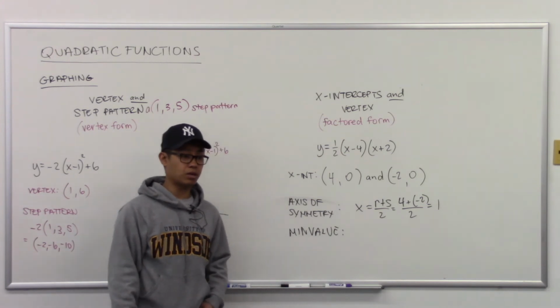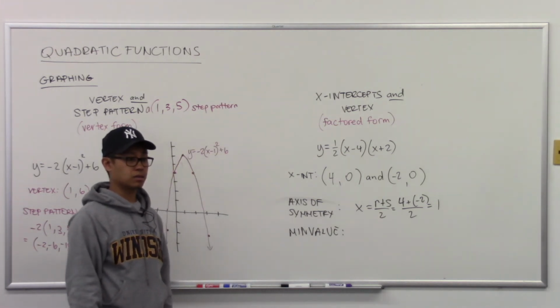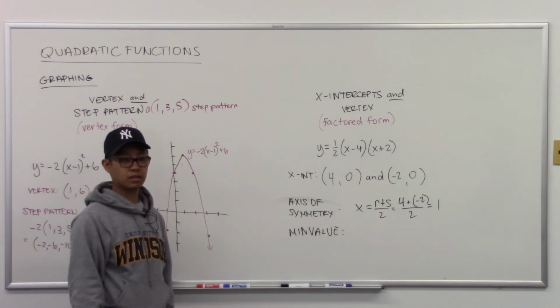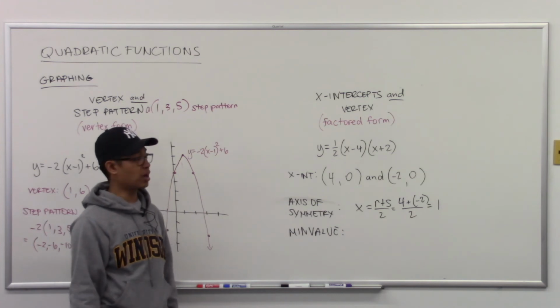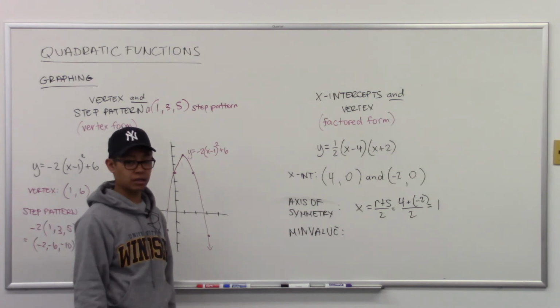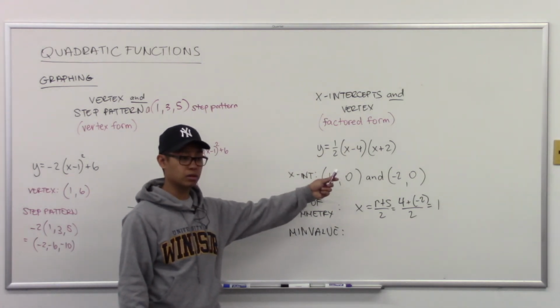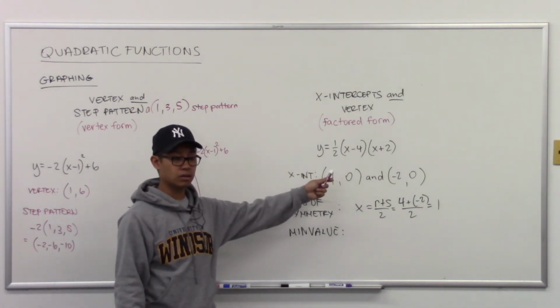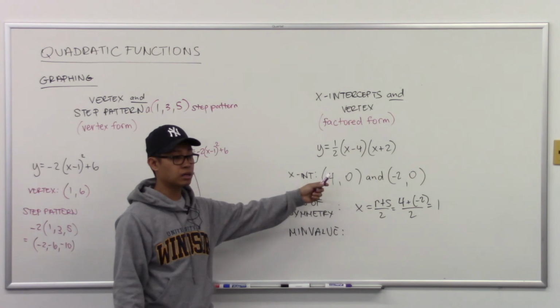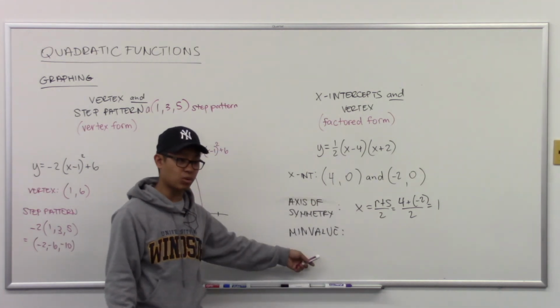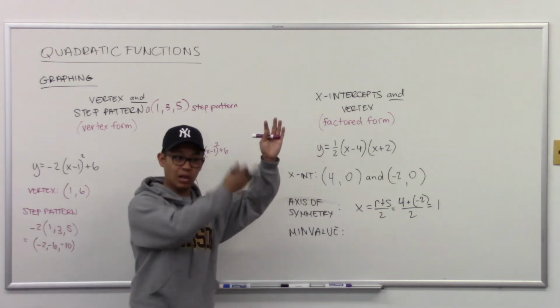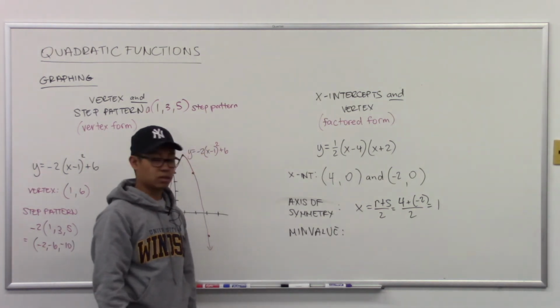How do you know if something's a min or a max? It's based on the direction of opening. So is this opening up or down? It's opening up. Right. So that's why it has a min value, because if you open up, you have a lowest point.